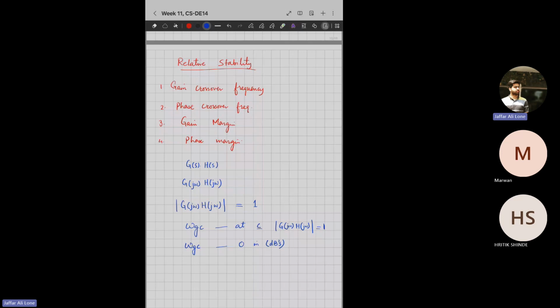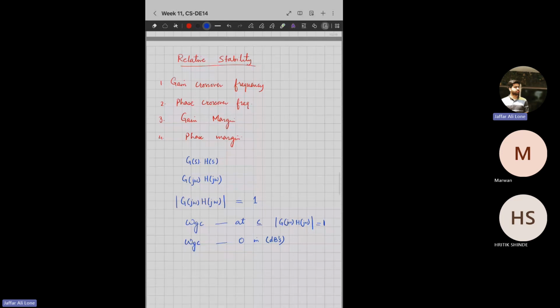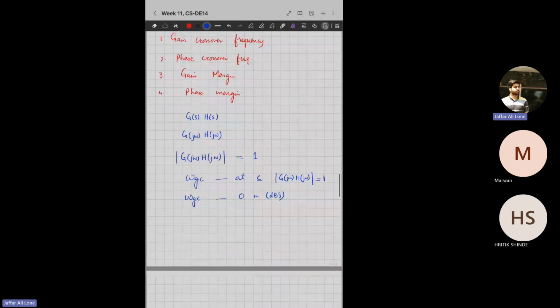When the magnitude is 0 decibels, the frequency at which this happens is called the gain crossover frequency. Correct? Now let's come to the phase crossover frequency. So we have phase.